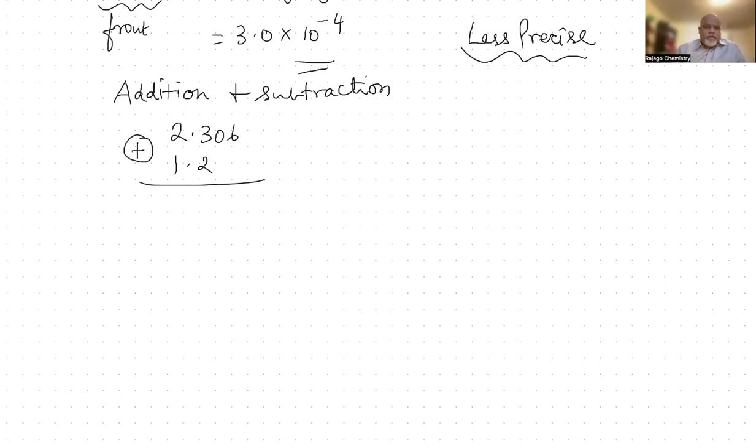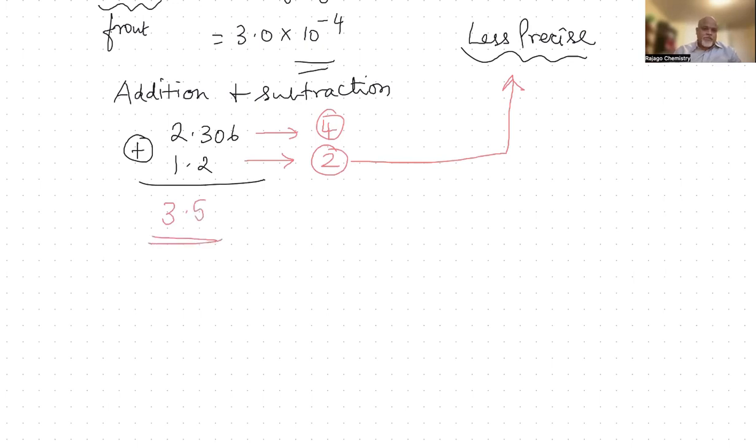The first one has 4 significant digits. The second one has only 2 significant digits. Now I have to go with the less precise. Less precise is only 2. The first is going 4 levels deep, and this one is only to the tenths place. So when I add, I give the answer only as 3.5.